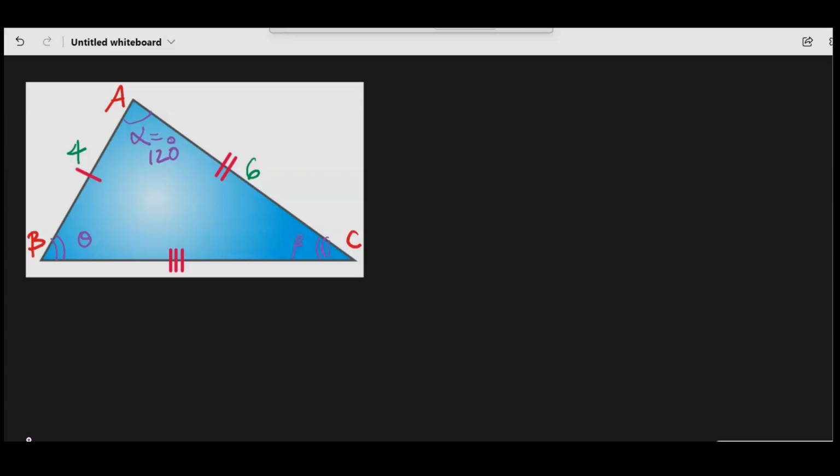Okay, for an obtuse angle, the side facing the largest angle is always the longest side. So BC is the longest side, which is facing the largest angle. Okay, so let's calculate the value of side BC and the remaining angles theta and beta using the cosine law.